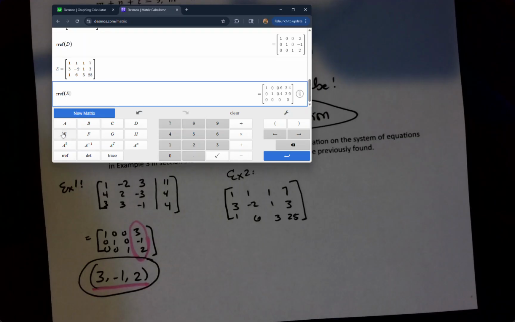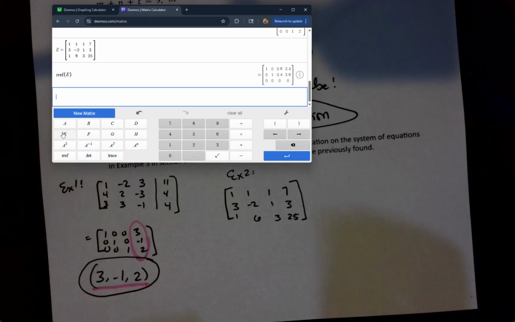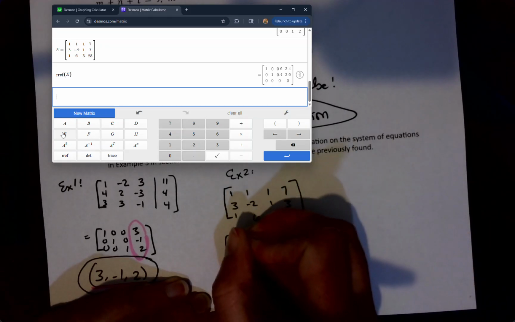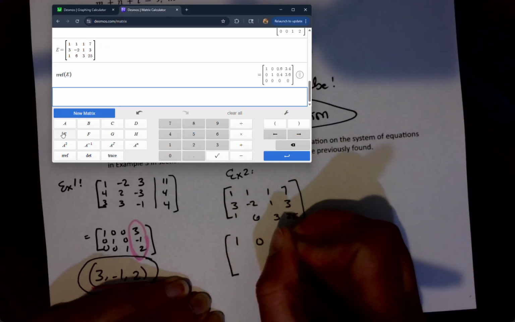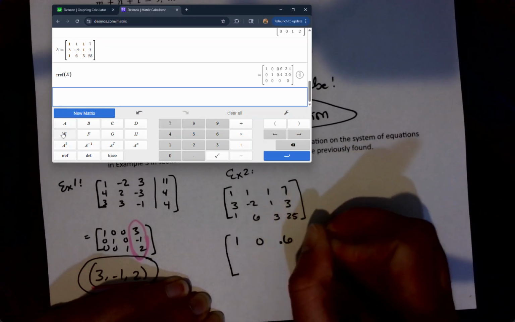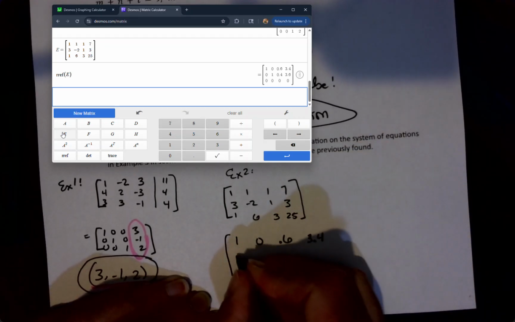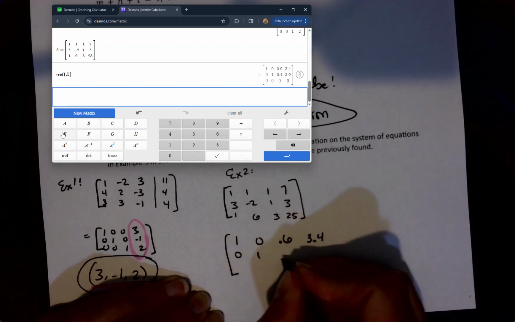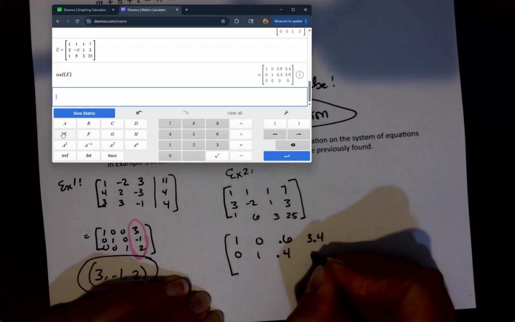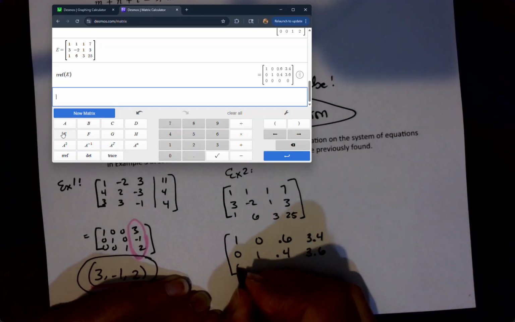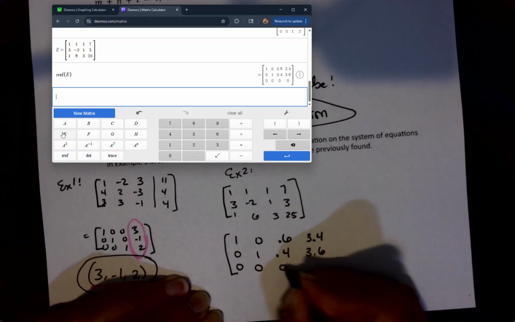This one is capital E. This comes out as 1, 0, 0.6, 3.4, 0, 1, 0.4, 3.6, and then 0, 0, 0, 0.